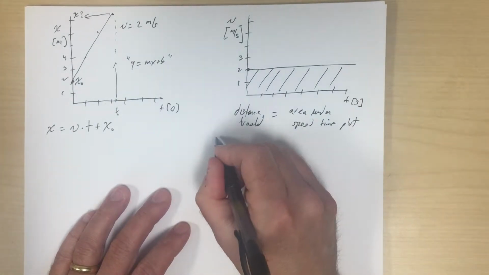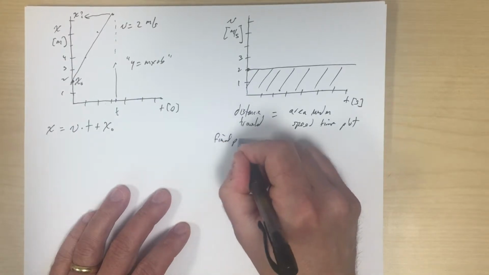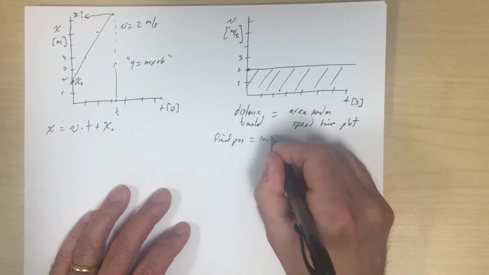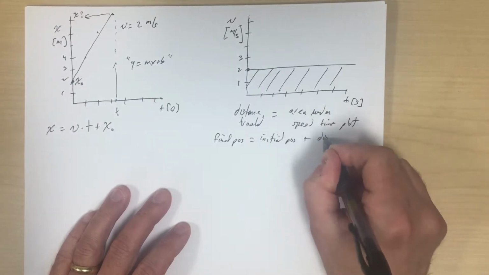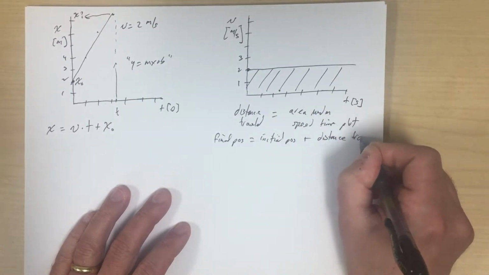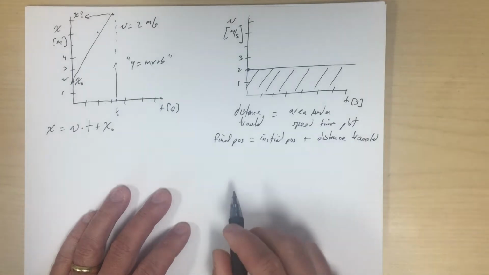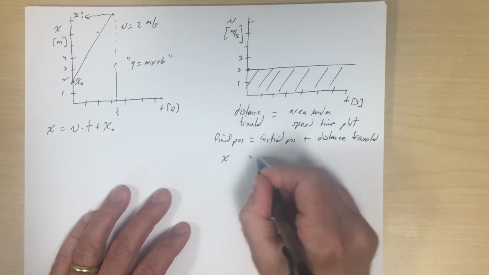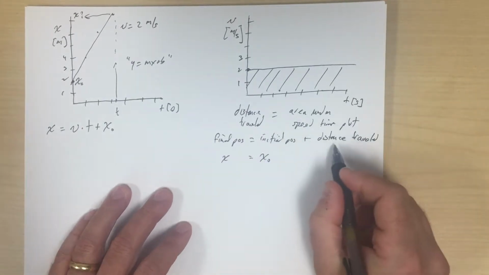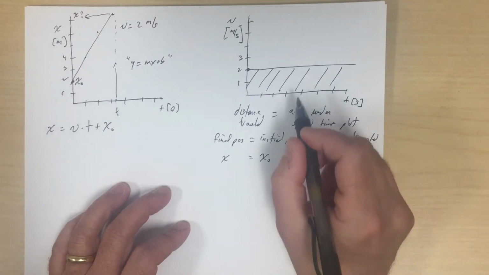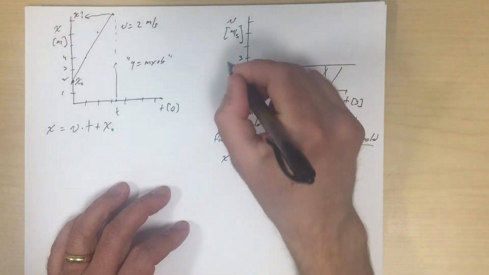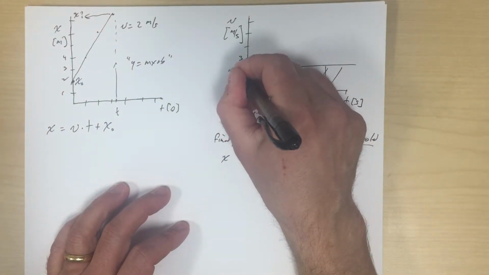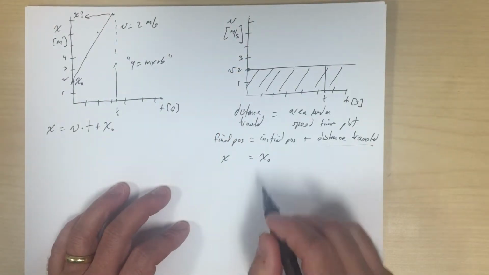which means the final position should be equal to the initial position plus that distance traveled. The final position we're just calling x, the initial position we're calling x0, and the distance traveled is the area under the curve. So at some given time, here the speed is constant.